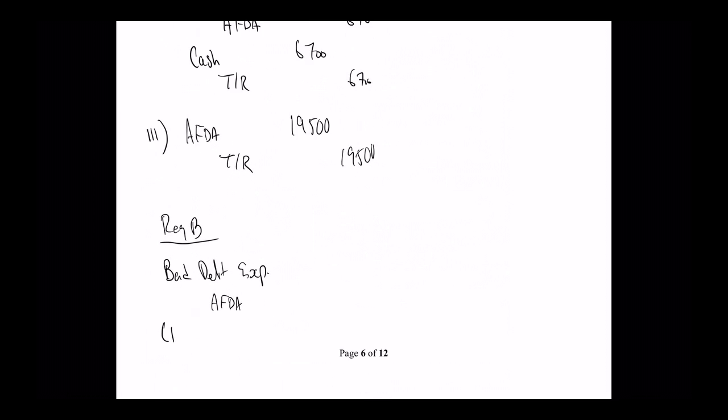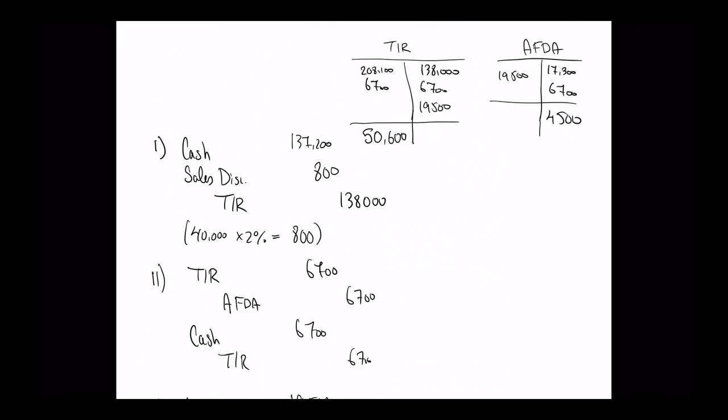Now, 12.5% times 50,600 is going to be our desired AFDA. So 12.5% times 50,600 gives us 6,325. However, we already have a balance of 4,500 in our AFDA.